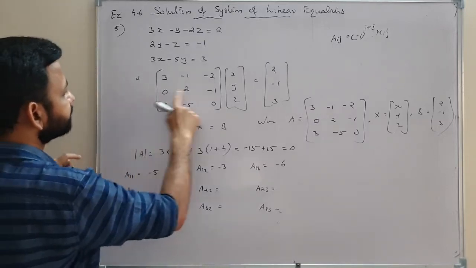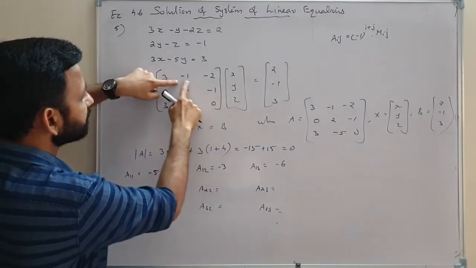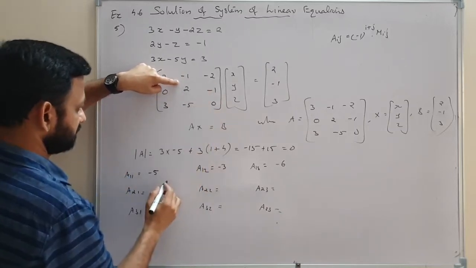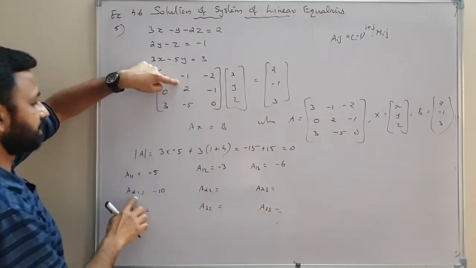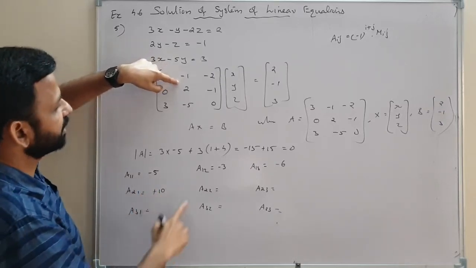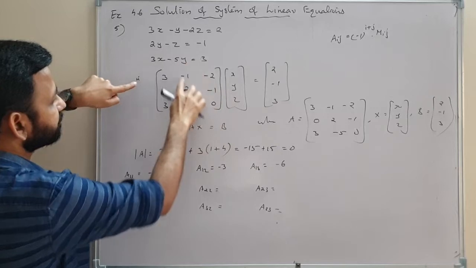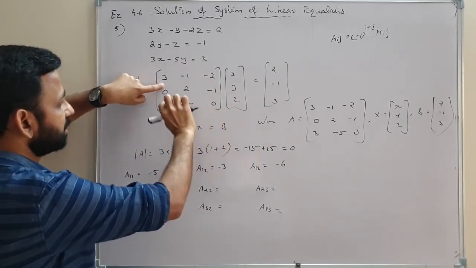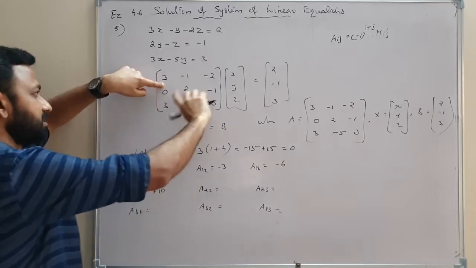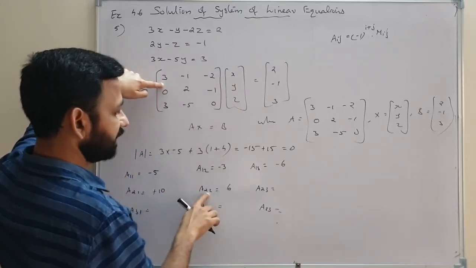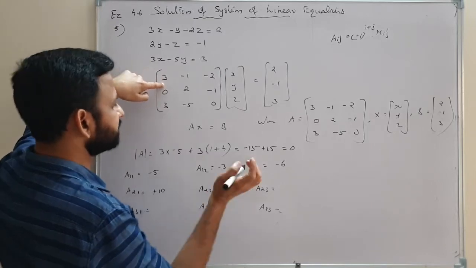Then A21 deleting, 0 minus 10, and here 2 plus 1, 3 odd number, so it will be plus 10. Then here 0, then minus 6, that is plus 6, and here 2 plus 2 even number, so same sign.